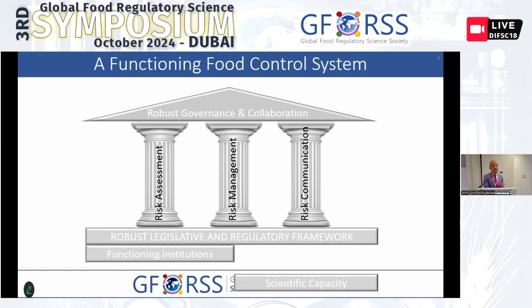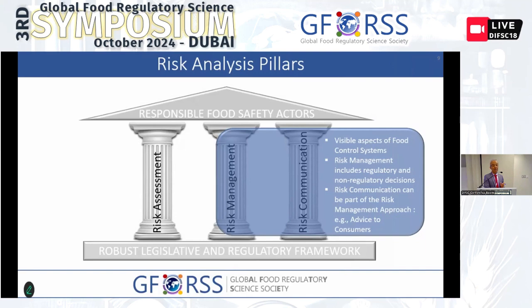Now, what we see generally of this process, the visible aspects of the food control systems, is essentially the decisions that are made. All the other steps are not necessarily as visible. What we see from a regulation is the decision that the regulator makes, or the communication that the regulator makes.